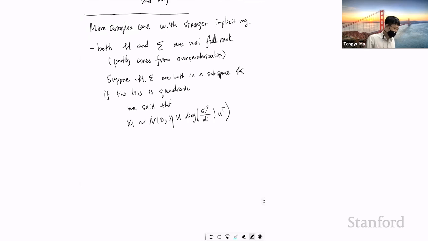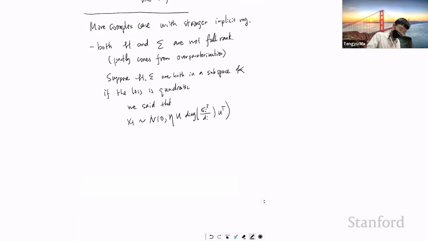And so the picture, I think, is that you basically have no noise and no contraction, nothing in the perpendicular space of K.